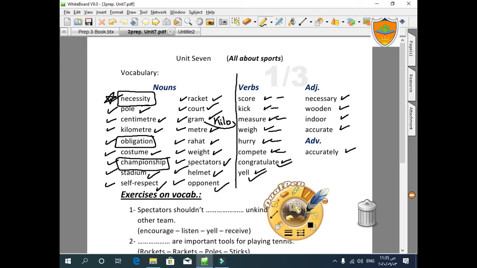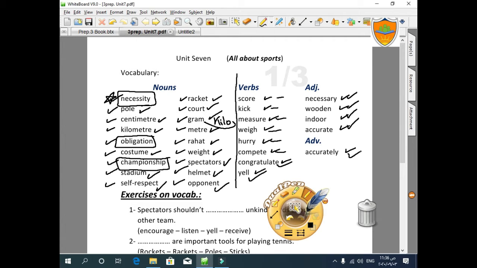Necessary, it's an adjective, which means we have to do it. Wooden, something made of wood. Indoor, inside. Accurate means minute. When you say I am accurate in my times, it means I arrive on time every time. Accurately is an adverb, means I do it in an accurate way.